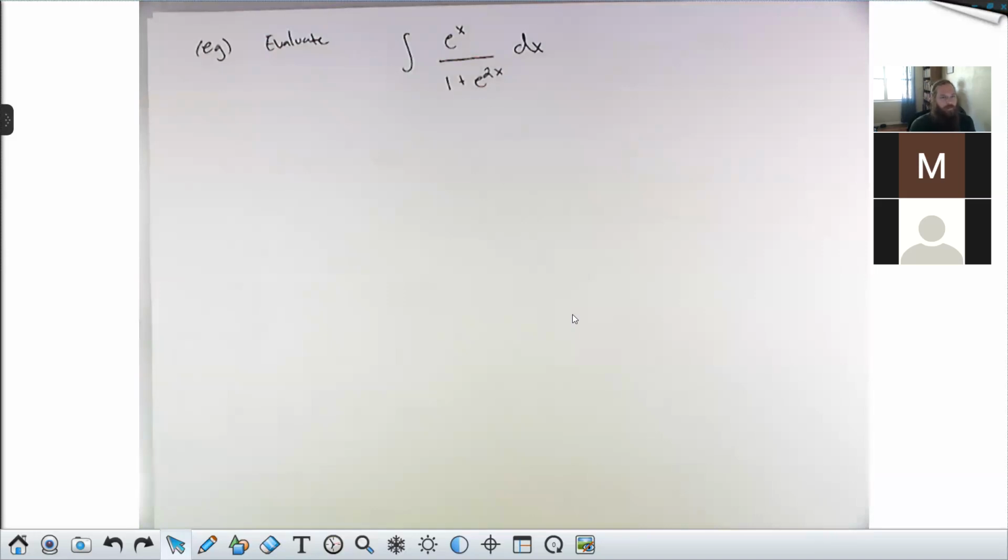Here I want to evaluate the indefinite integral of e to the x over 1 plus e to the 2x. And at a glance, it's not obvious what's the inner function, what's the outer function. But definitely it's those e's that are making things weird.